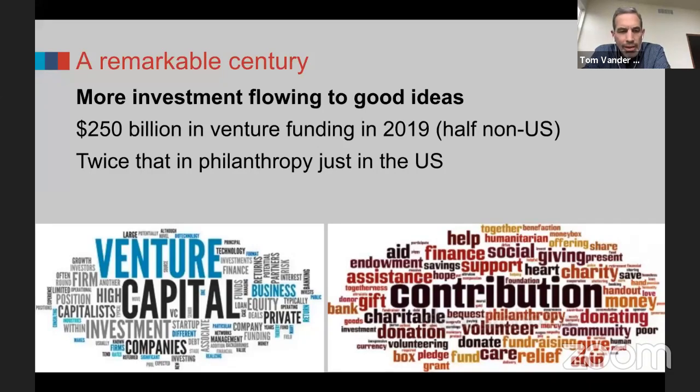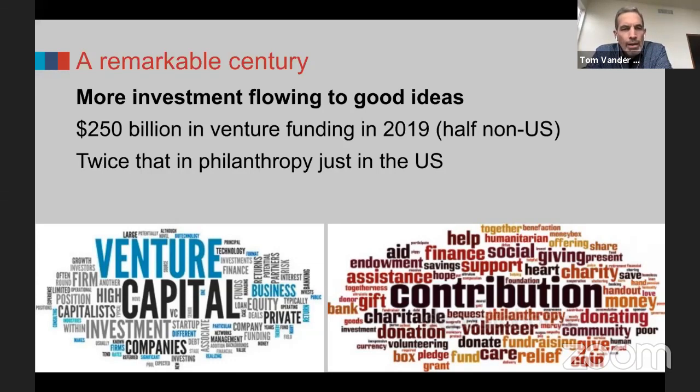I want to note that when we started Learn Capital 10 years ago, there was almost no venture capital in education, and now there's a couple billion a year, so maybe almost 1% of that global total is flowing into education and learning. Not what it should be, but a remarkable increase.